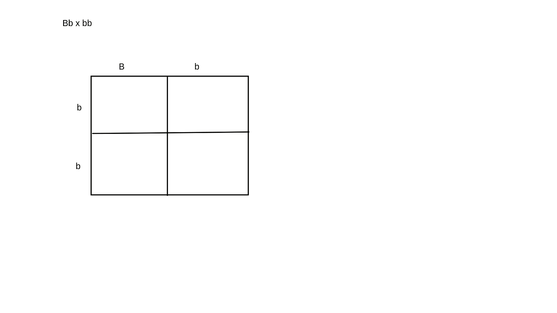I then took the two little b's and I put them vertically. So I separated the alleles of the parents. We're then going to combine alleles in the boxes. So this is looking at probabilities of those alleles coming together to create certain offspring.